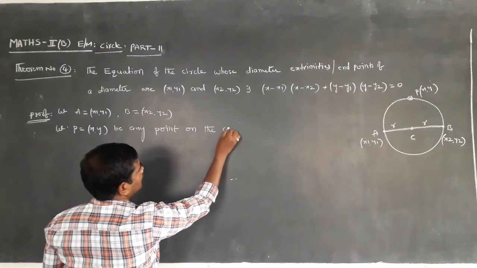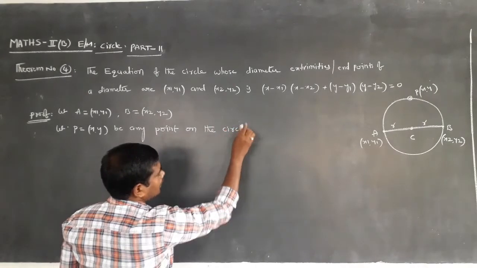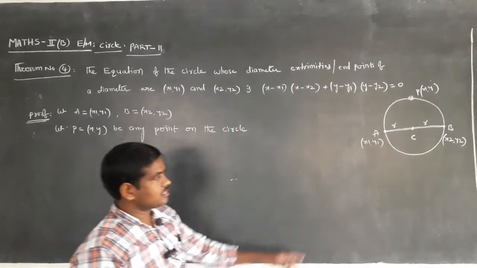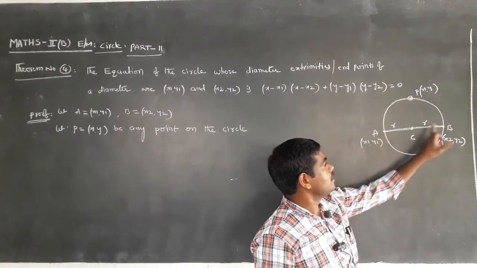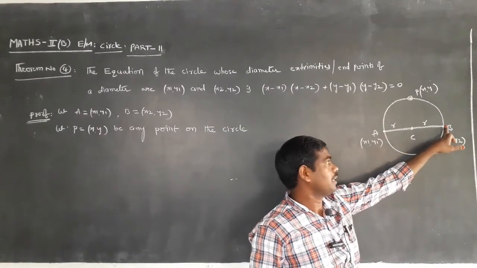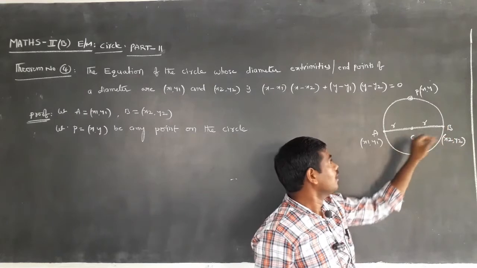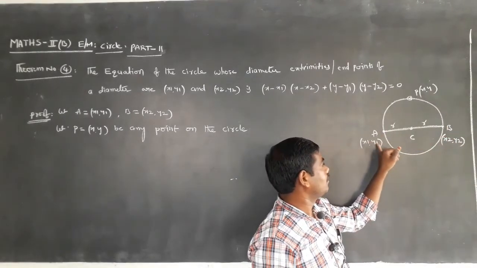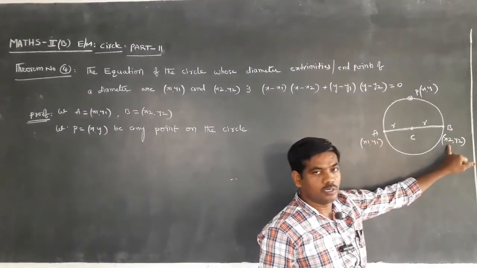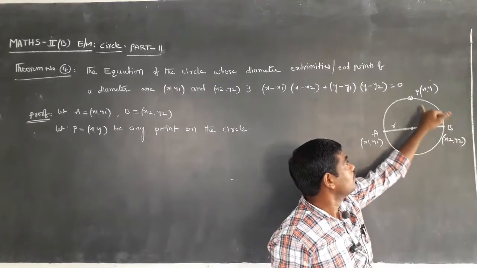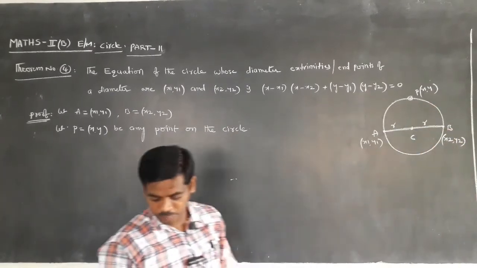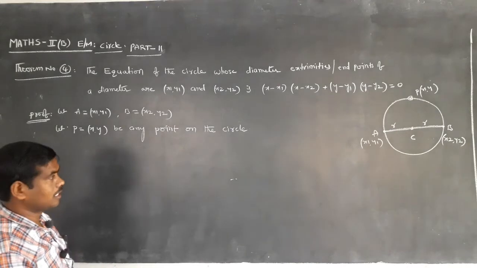Here C is the center, and A and B are the ends of the diameter of the circle. Here A is (x1, y1) and B is (x2, y2). Let P(x, y) be any point on the circle.